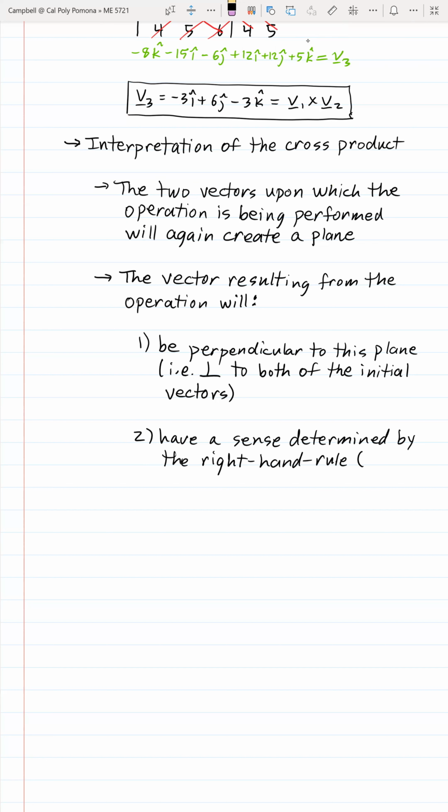And of course, for us, right-hand rule will just be RHR. And these are all ands, all anded together.